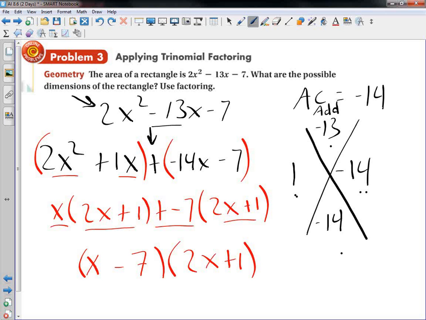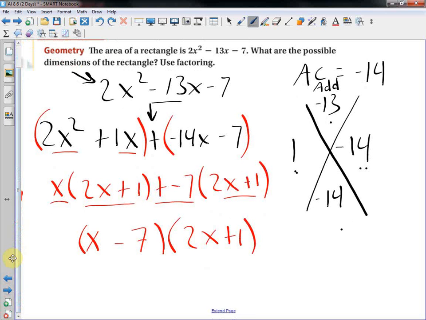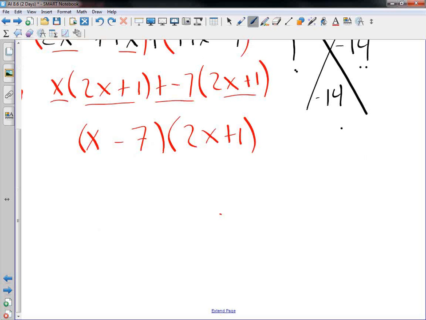Now, if we look at these two here, right, we found the dimensions of the rectangle. Now, when we talk about dimensions, I'm going to write that area up here. Area is equal to length times width. Is there any way that I could decide which one of those two is length and which one is width? Well, traditionally, which one is longer?